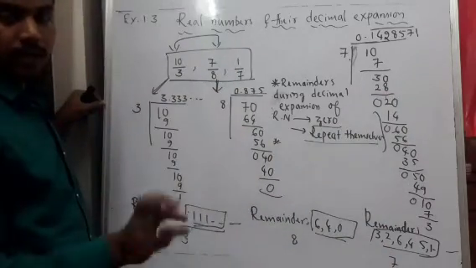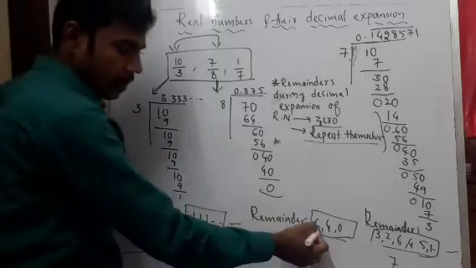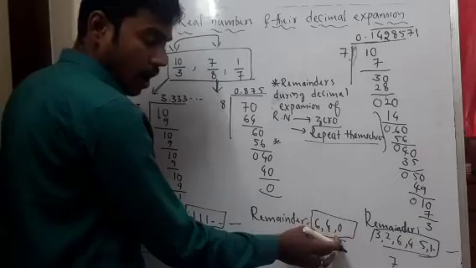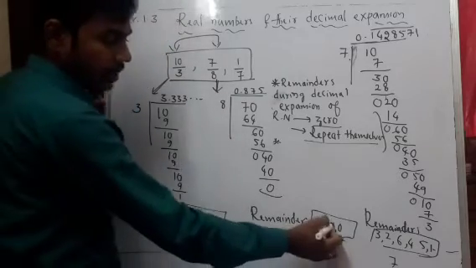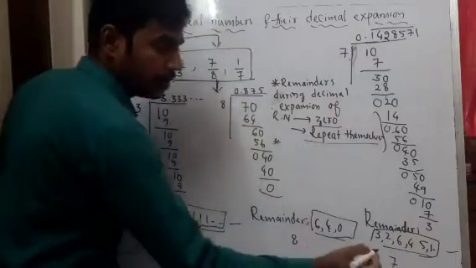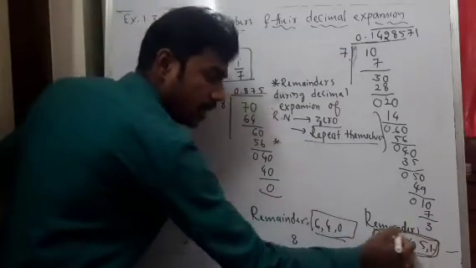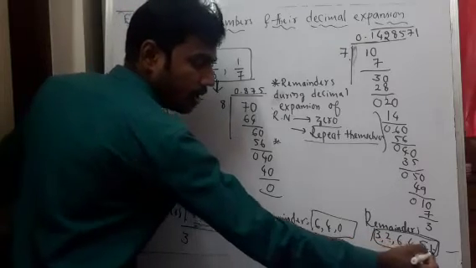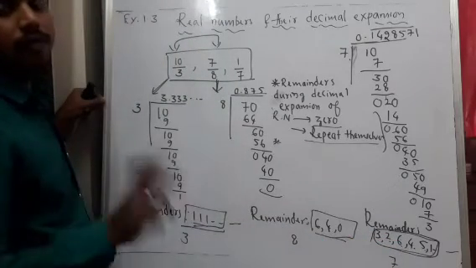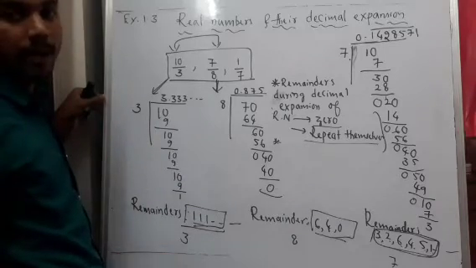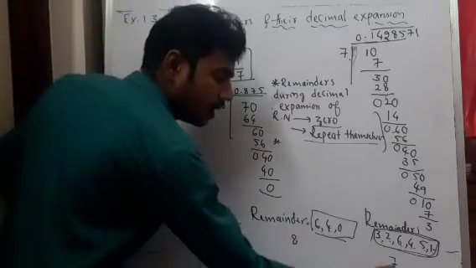When you compare the block of remainders, here it is 1. 1 is repeating. Here, after 3 remainders, only 3 remainders you will get. In the repeating block of remainders here, just check it: 1, 2, 3, 4, 5, 6. It means the number of digits in the repeating block of remainders will always be less than the divisor.